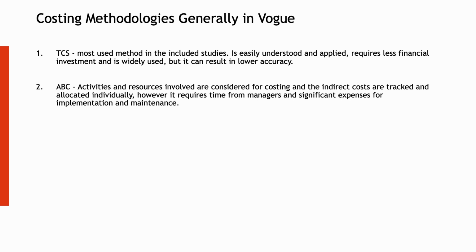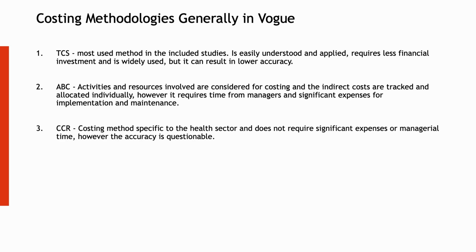But as you can imagine, this requires a lot of time from managers and significant expense for implementation and maintenance. It's definitely a lot more accurate, but because of the practicality challenges in terms of expenses of implementation and maintenance, you do not see this being used as widely as, let's say, the TCS.